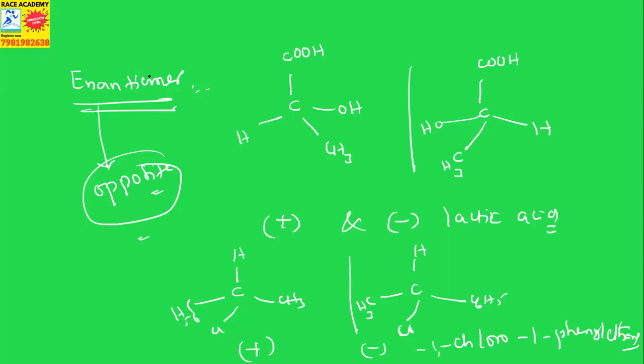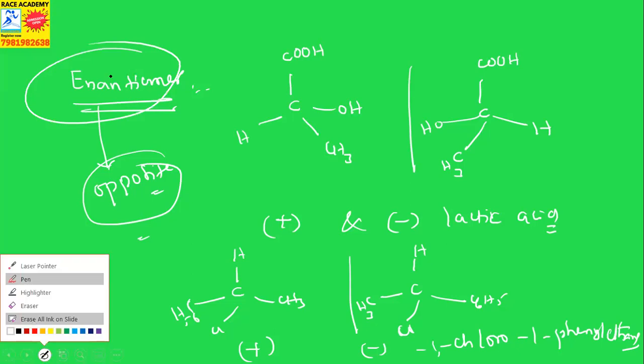So, what is the criteria of enantiomerism? Here, the compound should contain one or more asymmetric carbon atoms, so the carbon should be chiral.